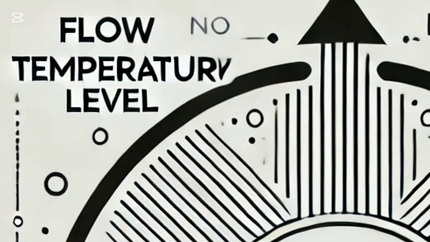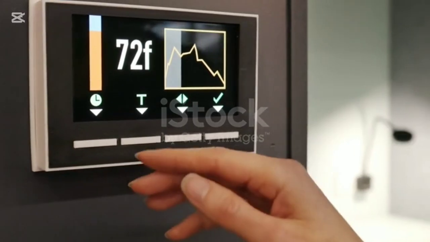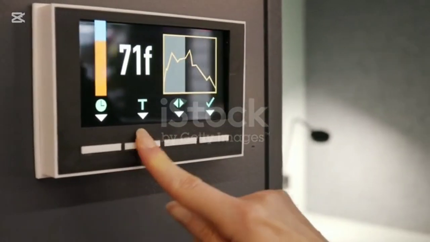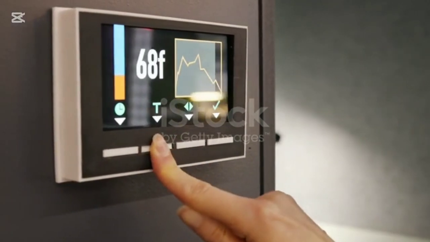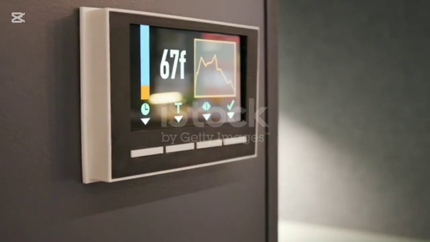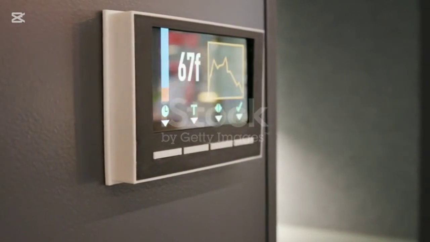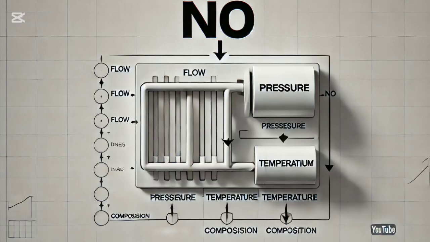Temperature is the parameter, no is the guide word. Deviation will be no temperature control, which might mean the heating or cooling system has completely failed. Deviation: no temperature control in a stripper column could cause off-spec product or even equipment damage.